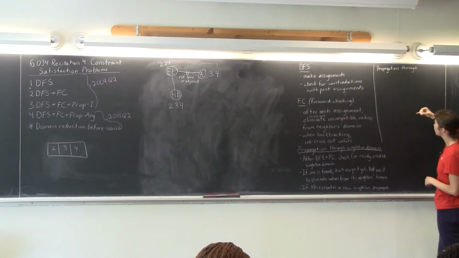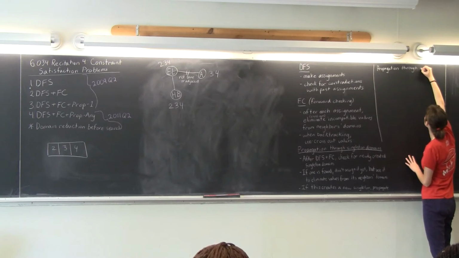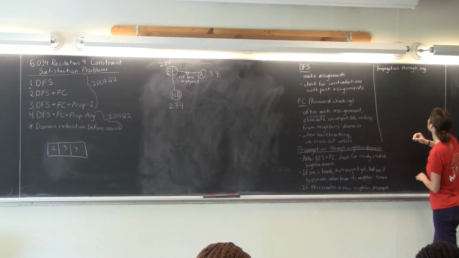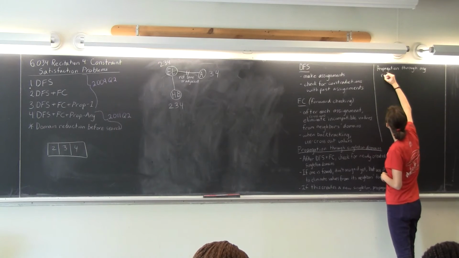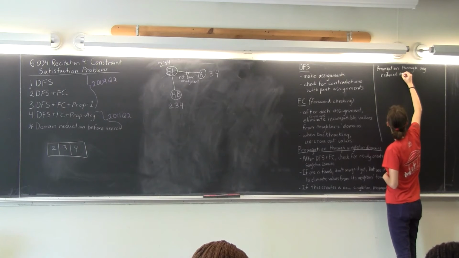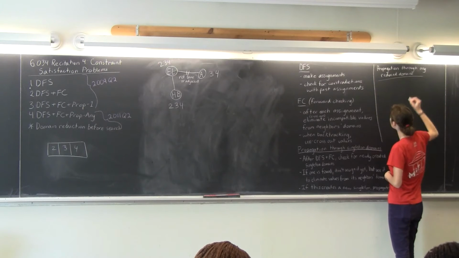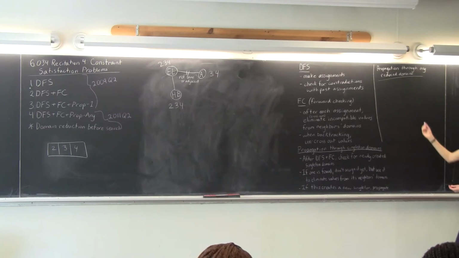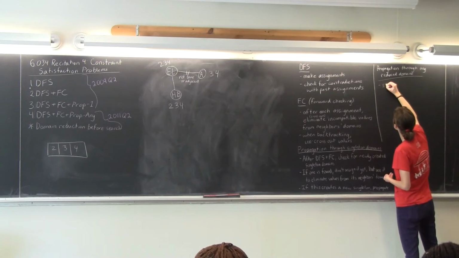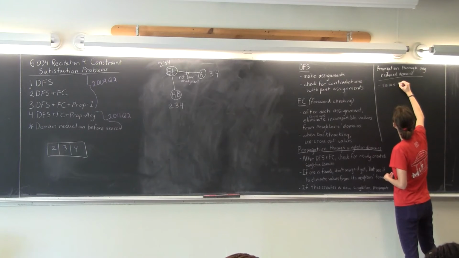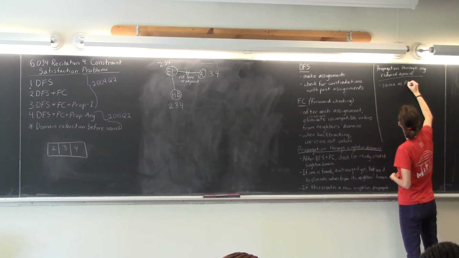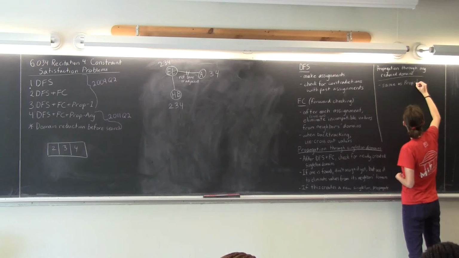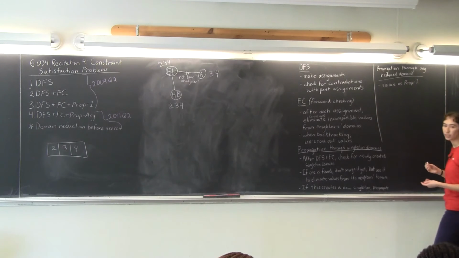So this will be the same idea as propagation through singleton domains, except that we don't care whether they're singletons. So we can say this is the same as propagation through singletons, but we'll propagate any domain that has been reduced.